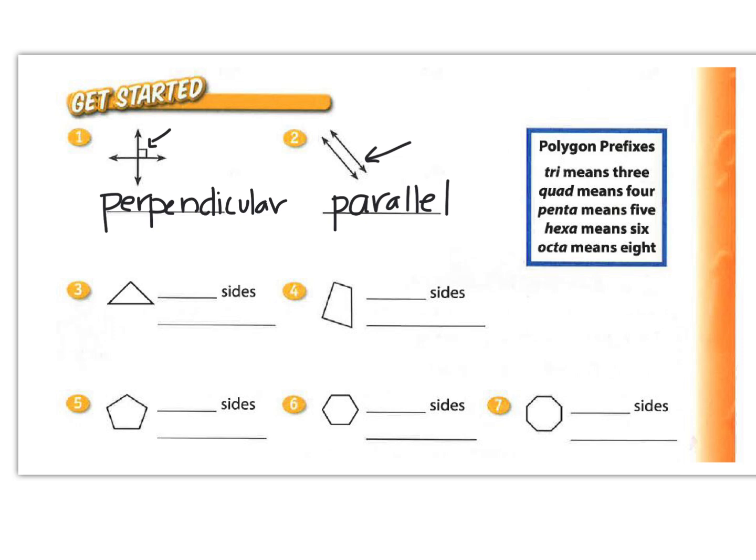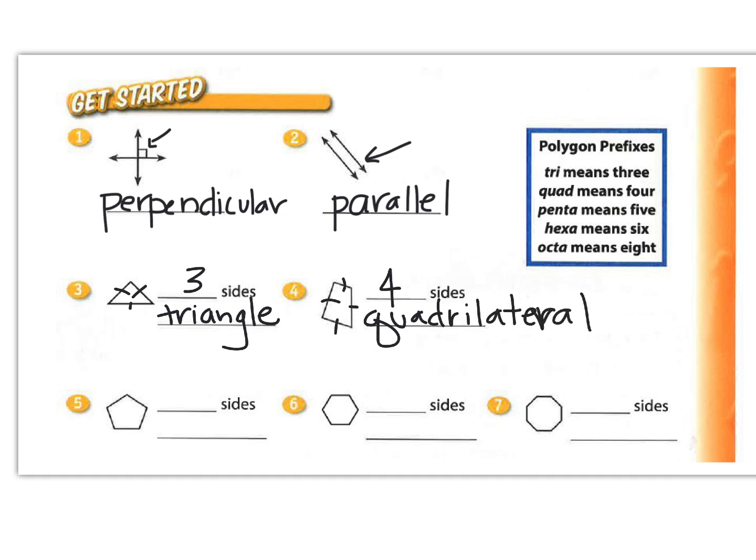So tri means 3. So if we look here, we have 1, 2, 3 sides. So this is called a triangle. If we look here, we have 1, 2, 3, 4 sides. So this is called a quadrilateral. If we look at this next one, number 5, we have 1, 2, 3, 4, 5 sides.